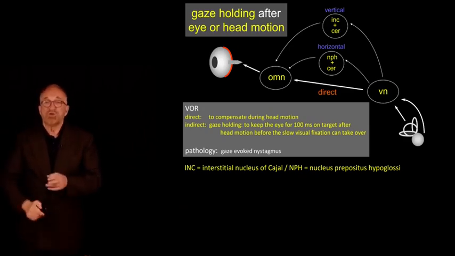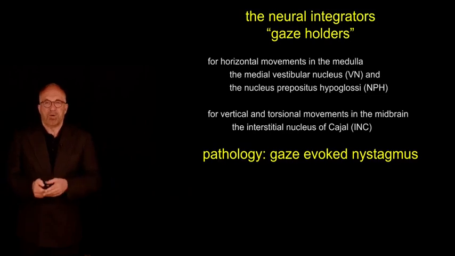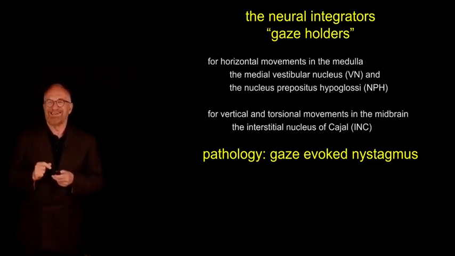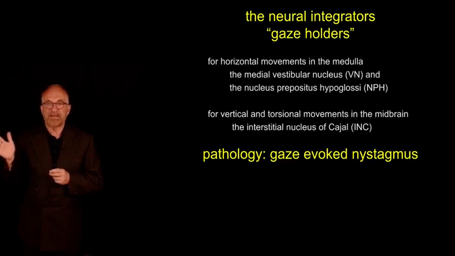If you lose those memories, you get a problem. And that is that you cannot, with these integrators, keep on holding gaze. And that's also what you see when you ask a person to look to the right, then he cannot hold that gaze because the memories are gone and the eyes shift back to the neutral position. You need to correct every time when you look sideways, so you get a nystagmus to the right.